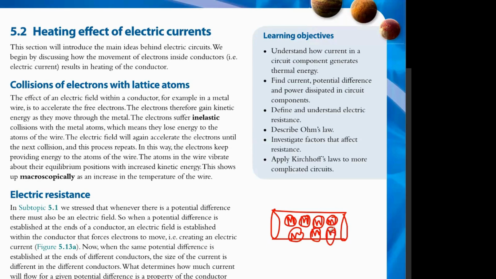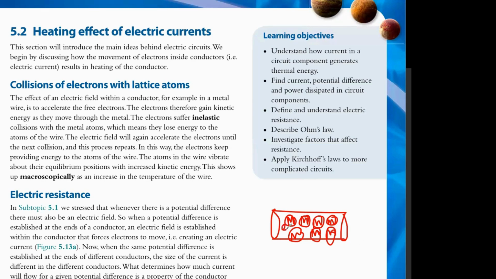And what is the cause where current moves? What moves inside the metal so that we say current is moving? Electrons. Very good, electrons. So what happens when these electrons move inside the conductor?